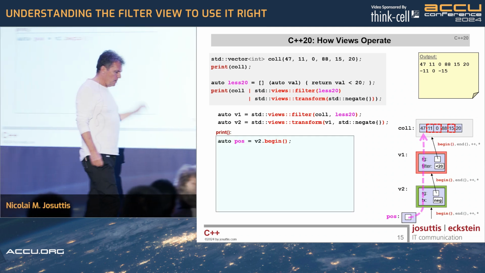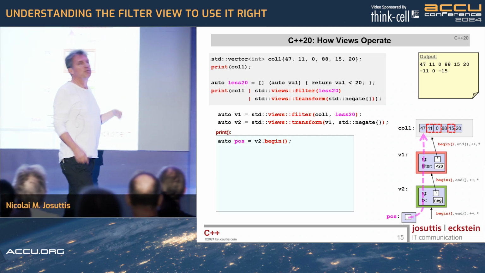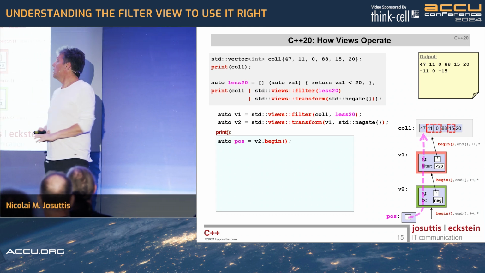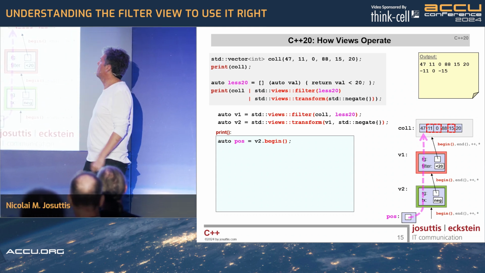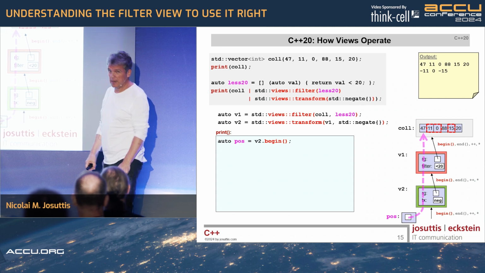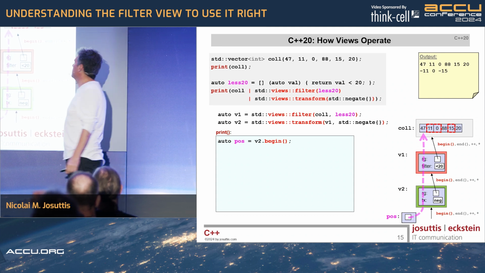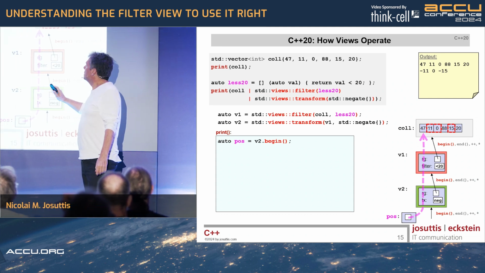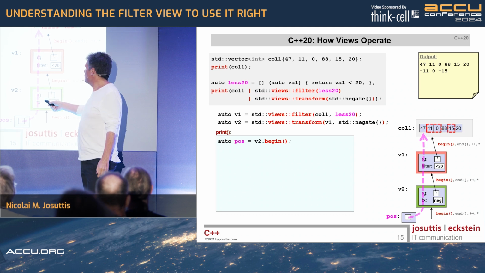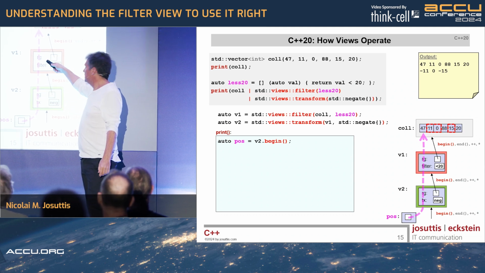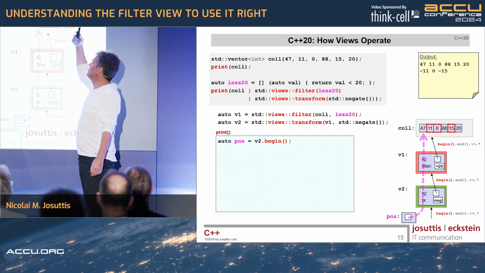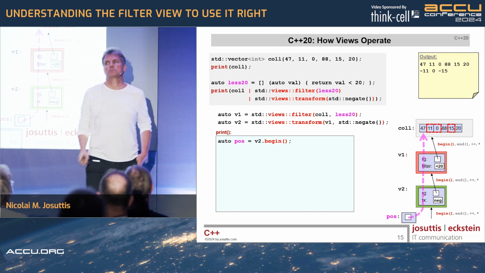So now, how is that implemented? What happens if we start to run this loop? Well, the first thing we call is begin to get the first element. This call goes to the transformation view. That delegates this to the filter view. That delegates to the collection.